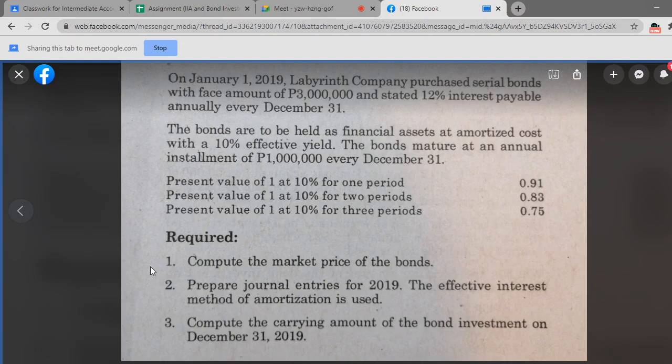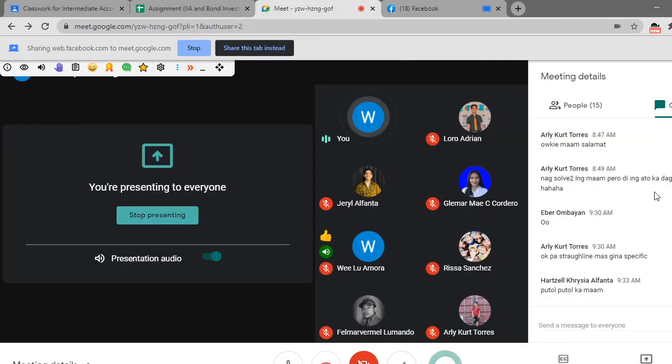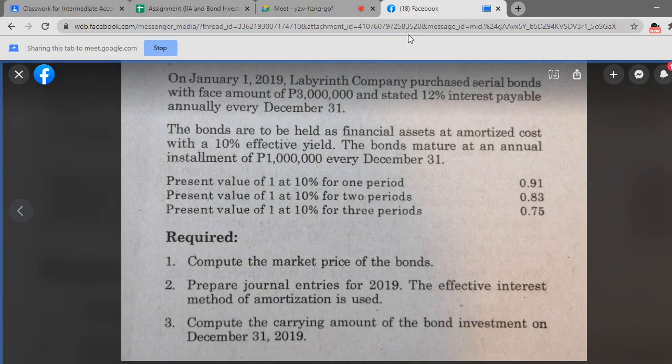How much is the market price of the bonds? If you answered this problem at home, the better. You can just input your answer now. Again, compute for the market price of the bonds.